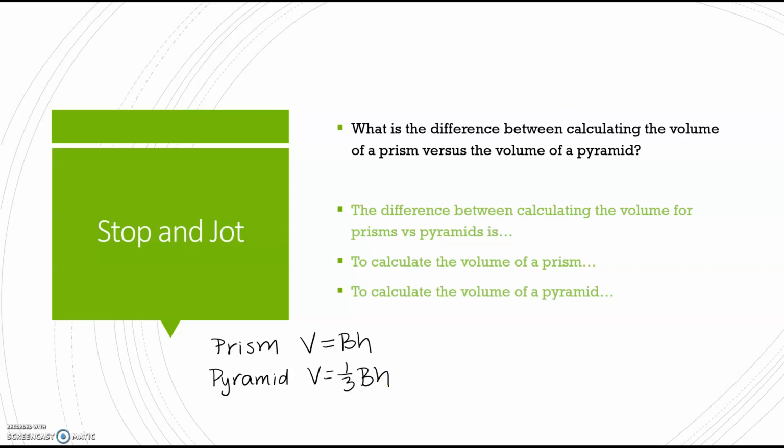Okay, so the difference between calculating the volume for prisms and pyramids is we're still going to use the same process with the area of the base. Our height's the same, but the only difference is for the pyramid, we take 1/3. So we are essentially dividing the volume of a prism with the same size of base by 3.